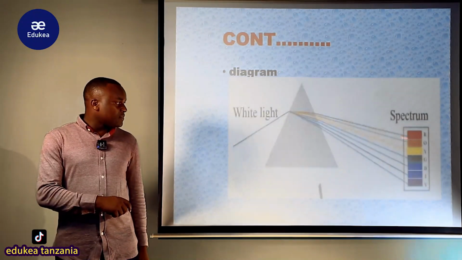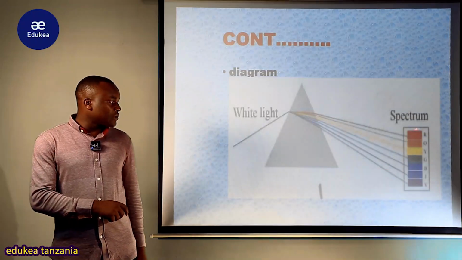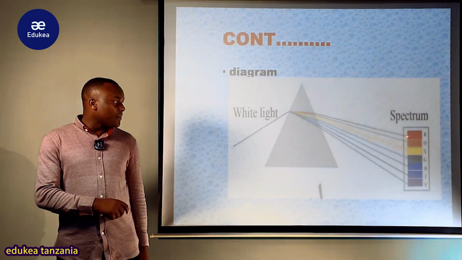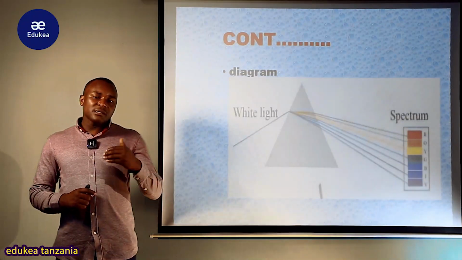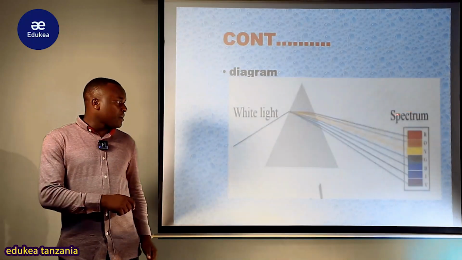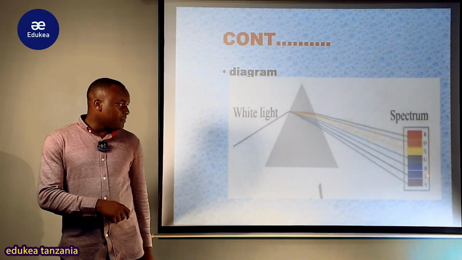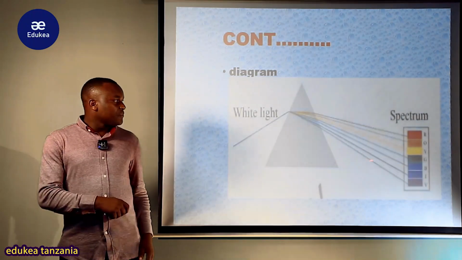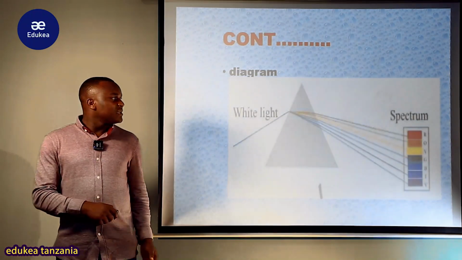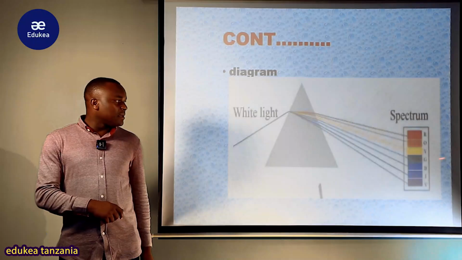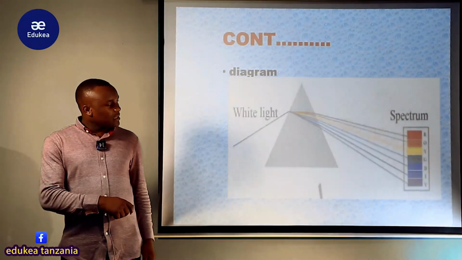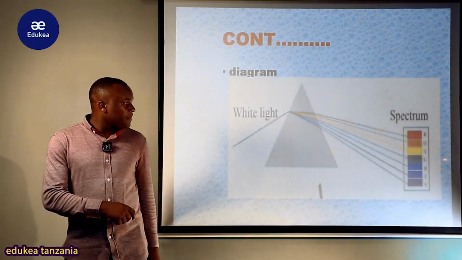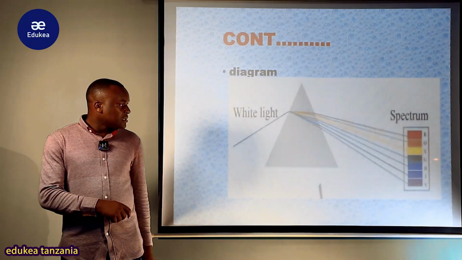Hizi zote tunaziita spectrum, na katika kipindi kilichopita tuliangalia kwamba hizi arrangement za hizi rangi zikoje, kwamba kuna ROYGBIV, kwamba R means ya kwanza ni red, O means orange, Y means yellow.